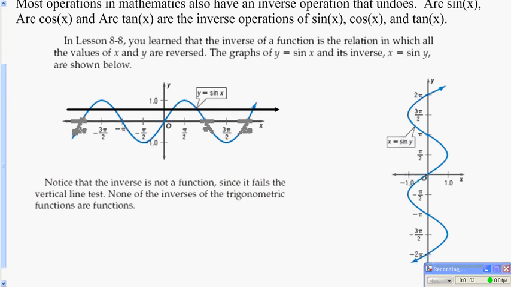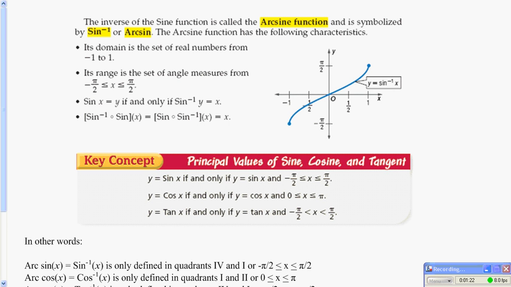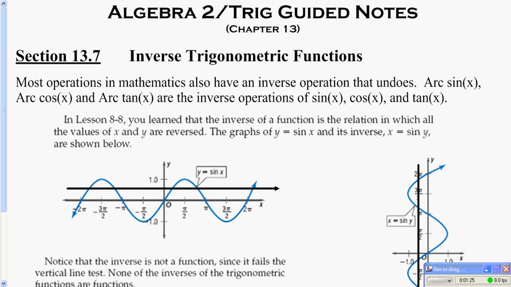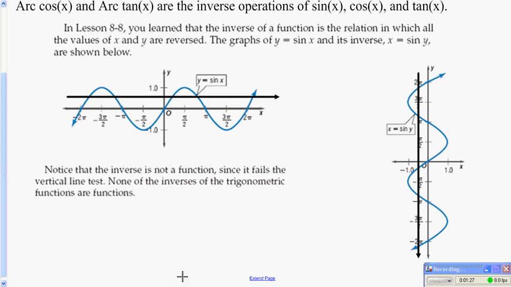Once we flip it, we can give it the vertical line test and see that it fails there as well. So how do you make an inverse of a function also be a function? This is where we have to modify this graph. It's not a function because it repeats, so we have to cut it off so that it doesn't repeat, so it does pass the vertical line test.